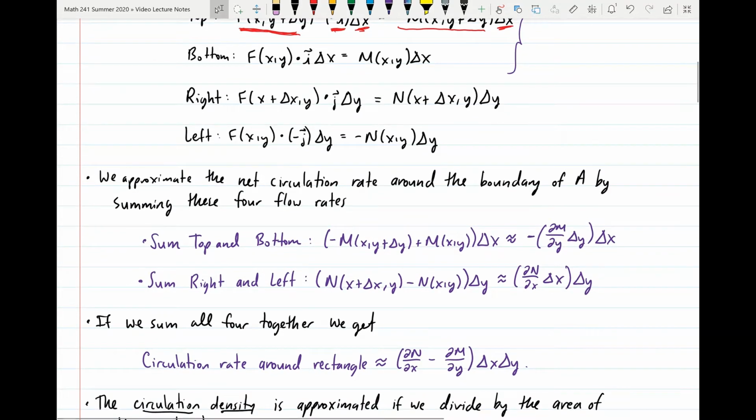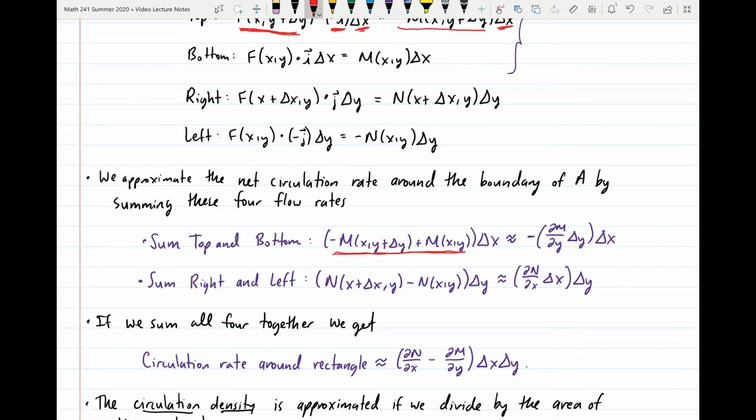And this is approximately minus the partial derivative of m with respect to y times delta x. And the reason is that this minus m of x, y plus delta y plus m of x, y expression is the numerator of the difference quotient that shows up in the partial derivative.